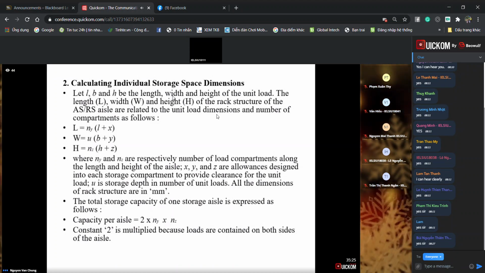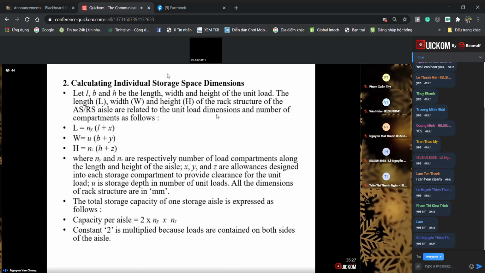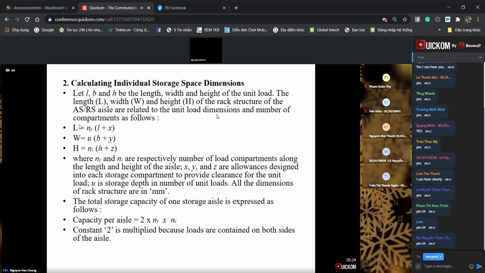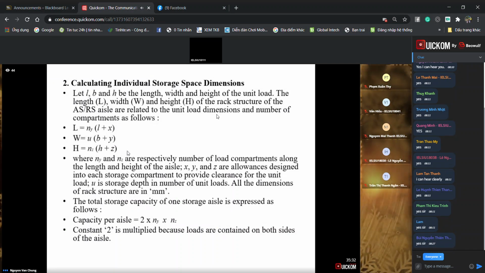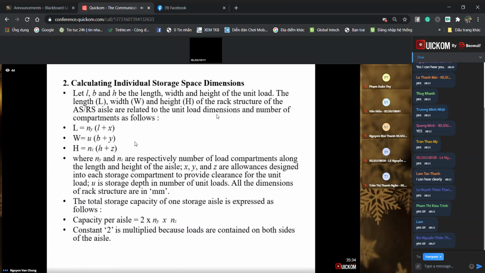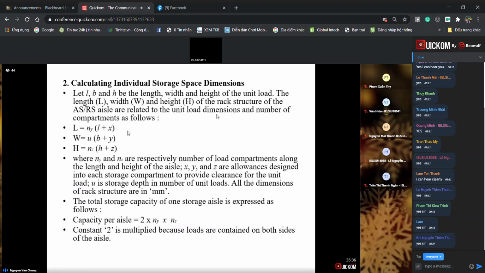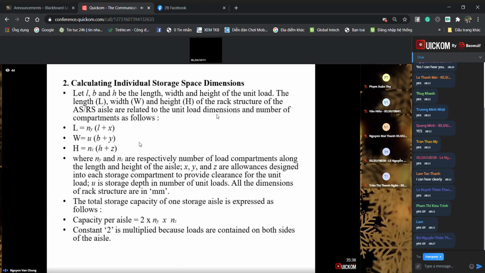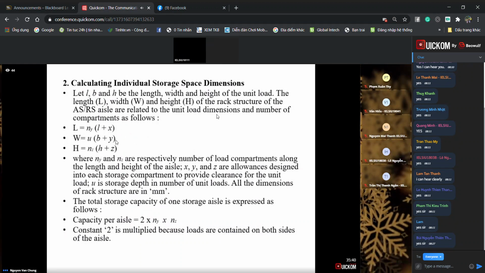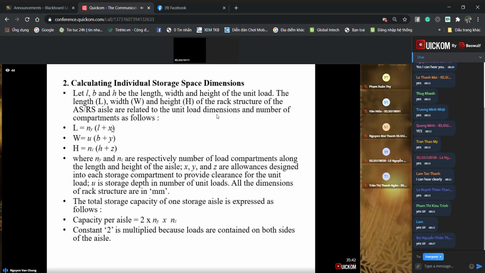Now I repeat: if you use this formula, you can remember it. I think there is no need to memorize it, you can open the notes, but you use this and then you understand.